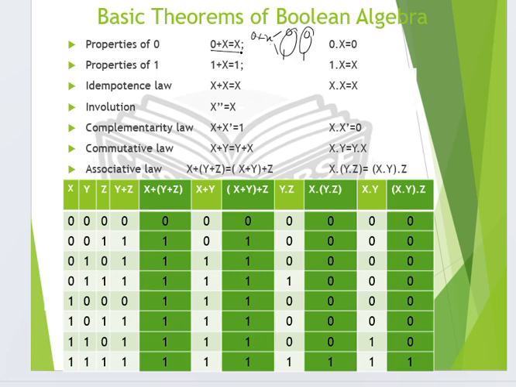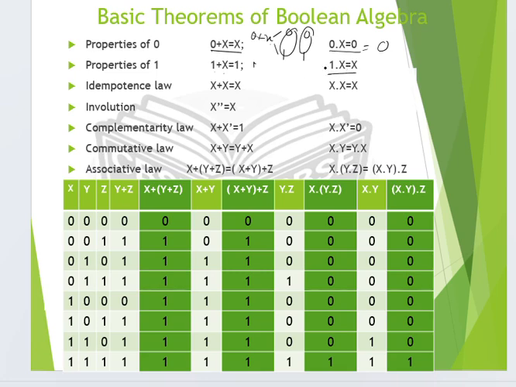So 0 plus x is x, and the same goes with 0 dot x. Whatever the value of x, as there is a 0 and we are using the AND operator, the answer will be 0 only. It can't be 1 because for 1 both inputs need to be 1. In the case of 1 plus x, whatever the value of x, as 1 is there and we are using the OR operator, you will get output 1.